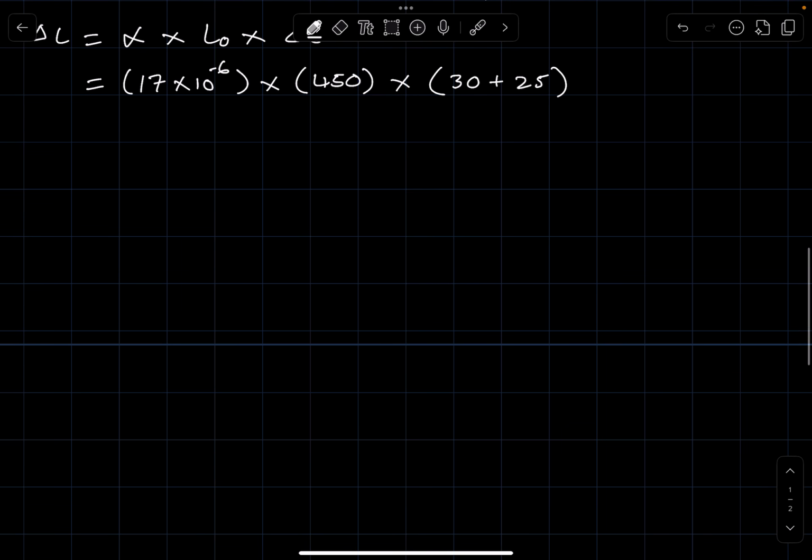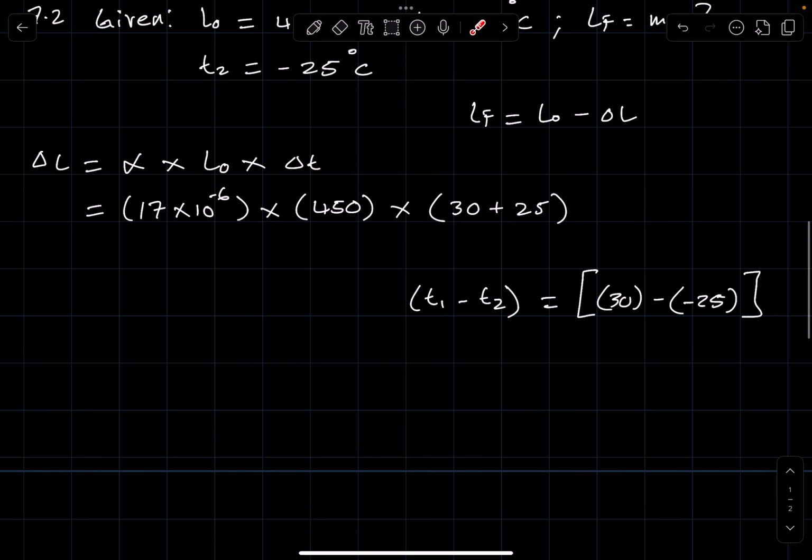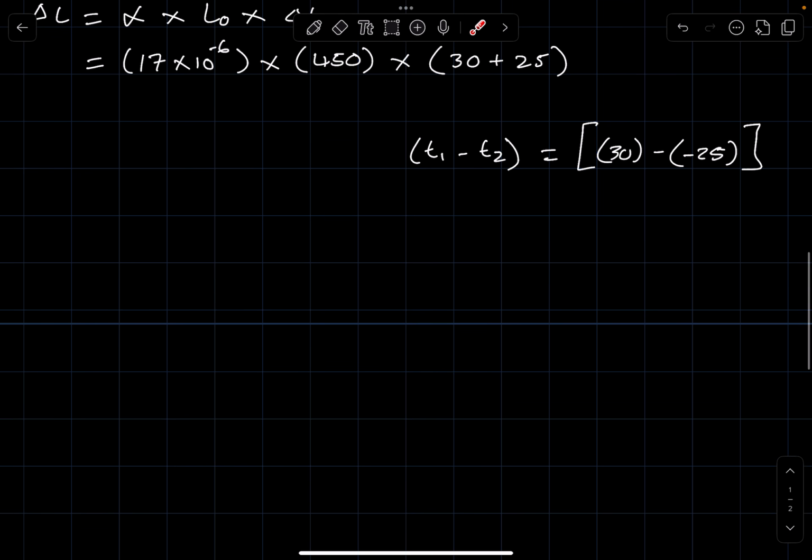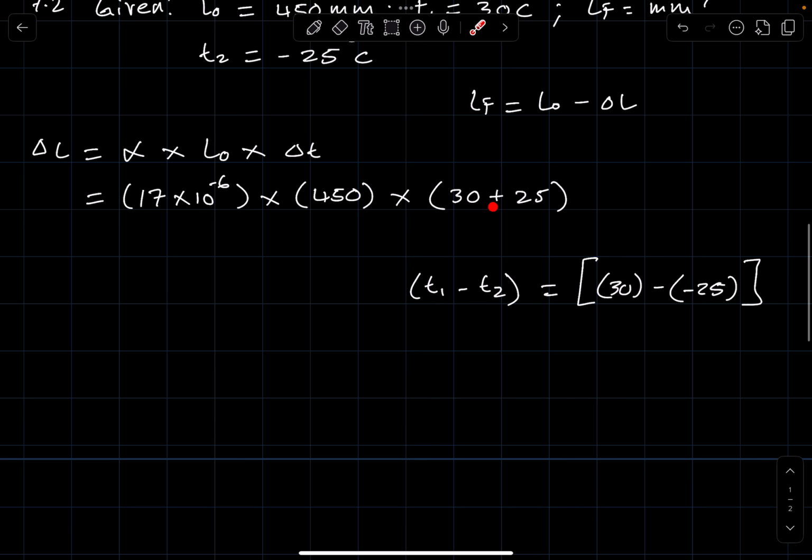For clarity, change in temperature is T1 minus T2, and when substituting you have T1, which is 30, minus the negative 25. When you get rid of the parentheses, the negative times the negative gives you the positive. So that is what I mean.